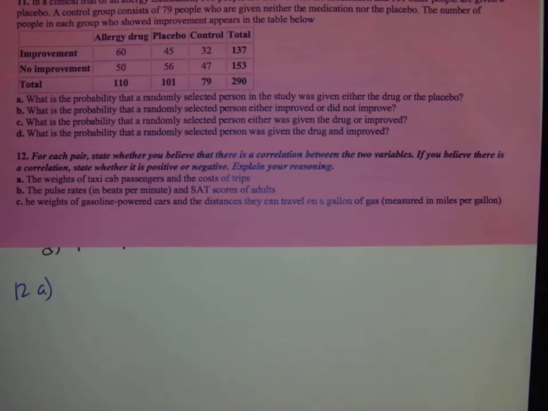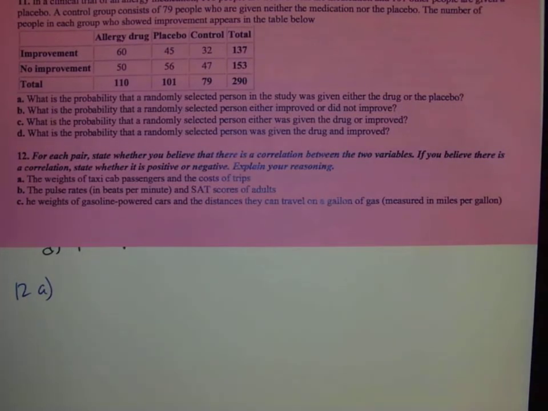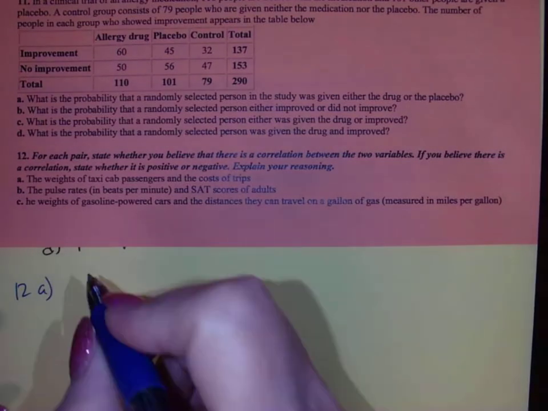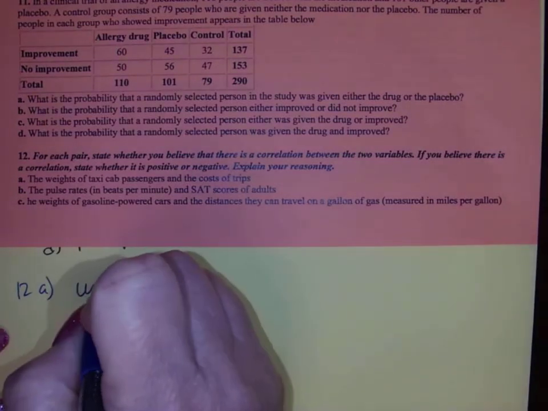Because we're not talking about gas mileage either. We're just talking about the cost of the trip, which is typically already predetermined before the passengers get in there. So they're uncorrelated.